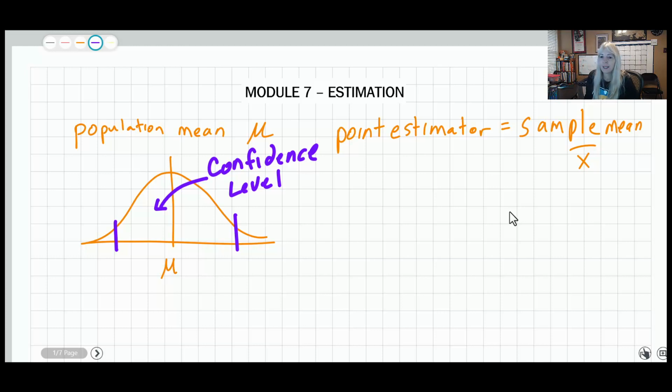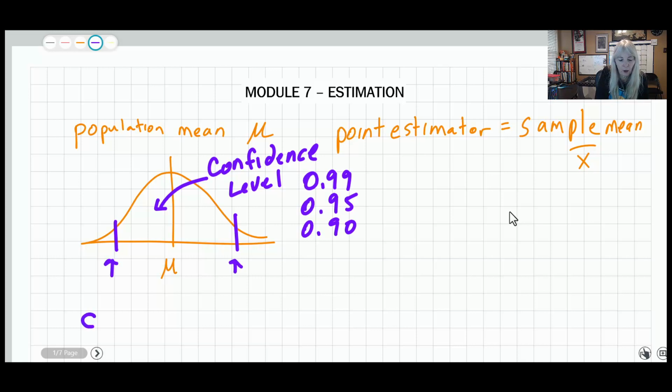All right, so as I mentioned, these confidence levels typically, you see them in decimal, 0.99, 0.95, and so on. What we look up in tables, or we use Excel, are what are called our critical values.